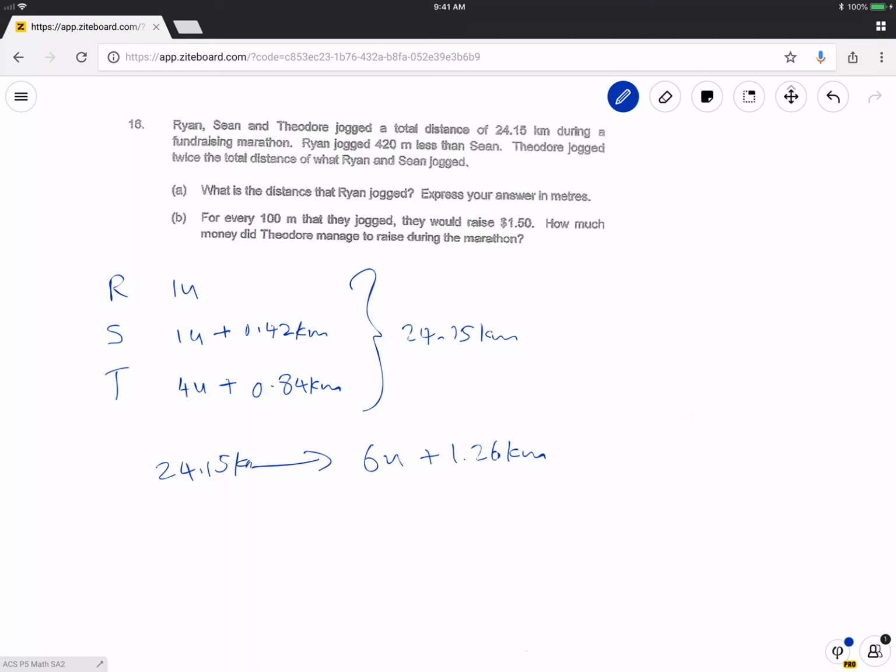So 6 units will be equivalent to 24.15 take away 1.26, which is 22.89 kilometers. Then we divide by 6, 3.815. 1 unit is 3.815. So Ryan jogged 3.815.